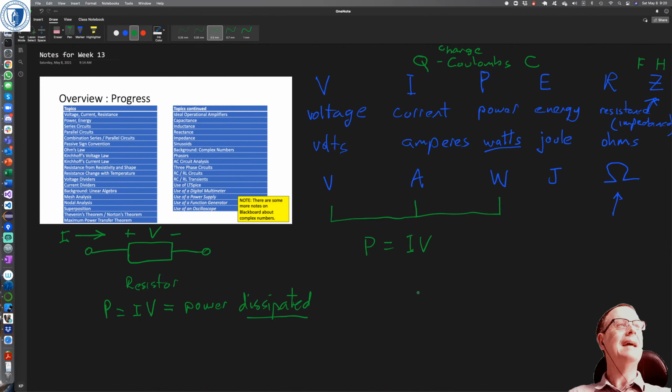But we also have other active devices. This is a passive device, right? And I've drawn it that way because there's really three sorts of devices that we've come across in this course that are passive devices, right? Resistors, capacitors, and inductors.